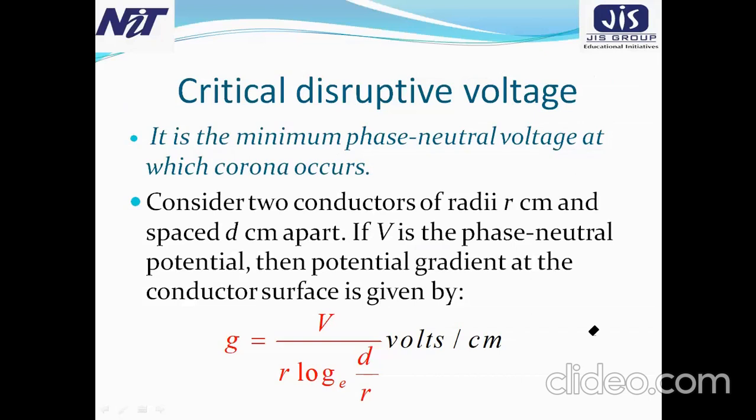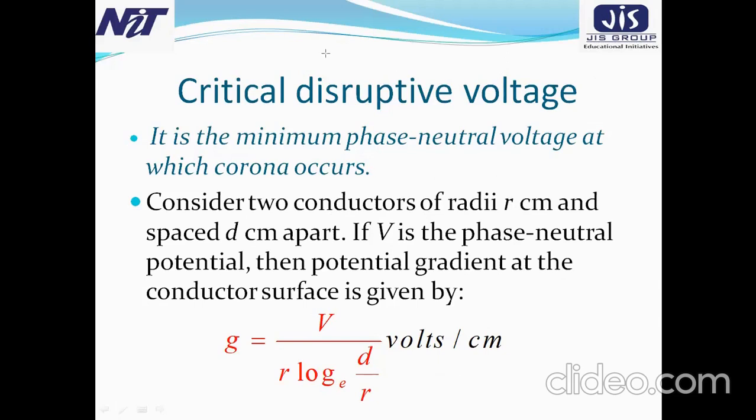If capital V is the phase neutral potential or phase neutral voltage, then the potential gradient at the conductor surface is given by this equation, which we already proved in underground cable. You can go there and learn what this potential gradient is.